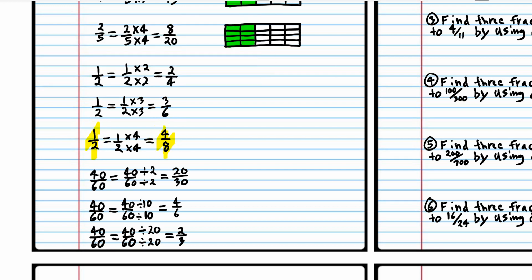Well, if you want to go backwards, you have to do the opposite of multiplication, which is division. So the fundamental principle of fractions is not just that you can multiply both sides of a fraction by the same number, and keep in mind it's got to be the same number, but you can also divide both sides of a fraction by the same number. So that's the fundamental principle of fractions.